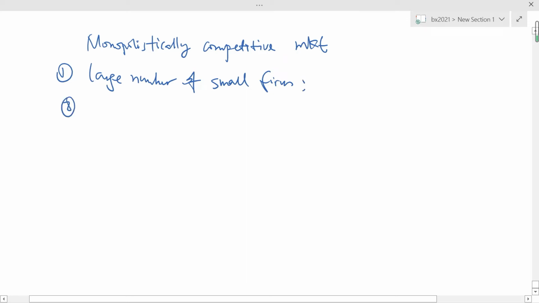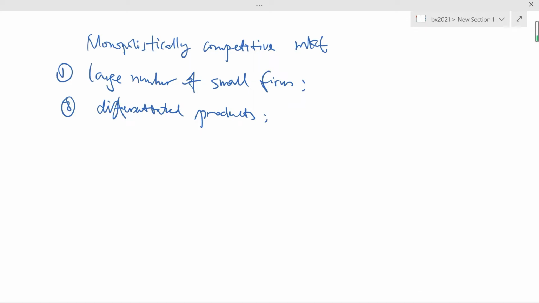Each firm produces a differentiated product. For example, coffee market could be a monopolistically competitive market.